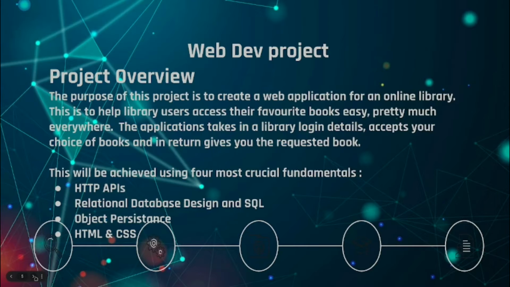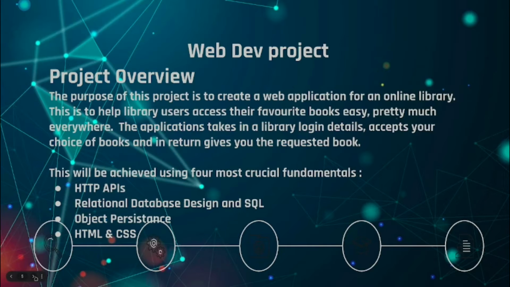Firstly, we'll have the HTTP APIs. The HTTP APIs are going to handle the connection, or should I say the communication, between our library server as well as the user's request. And also we'll have the relational database design and SQL. That is where we are going to create our whole new information and store it there, or should I say our data table in a database is going to be found on a relational database.